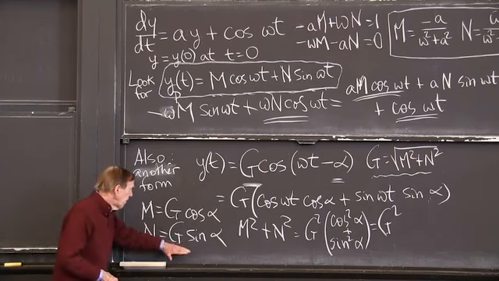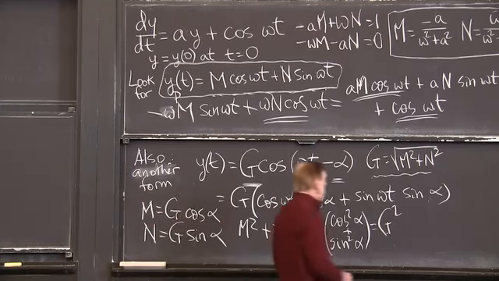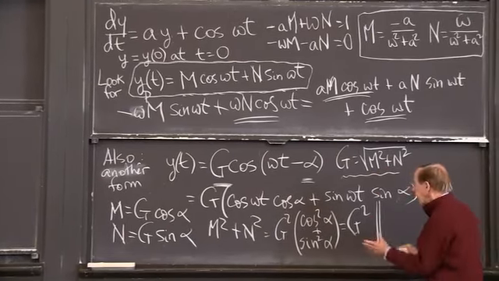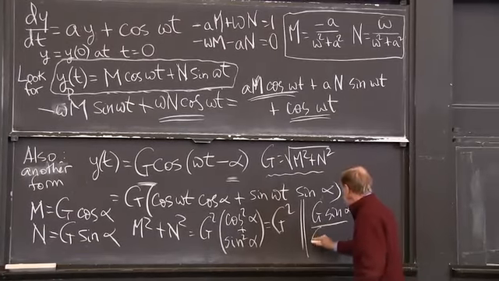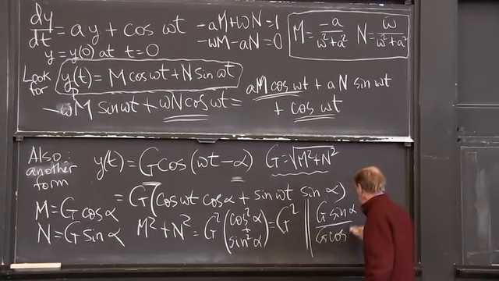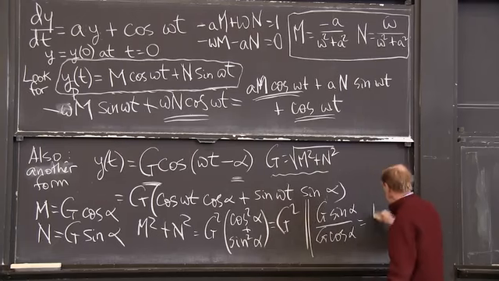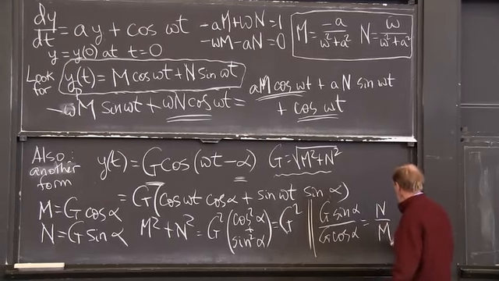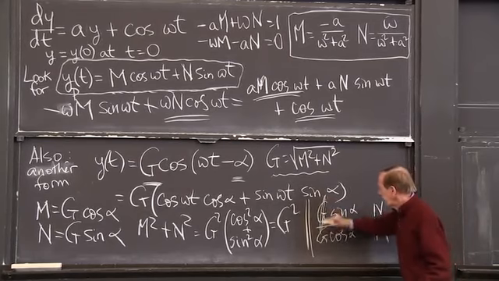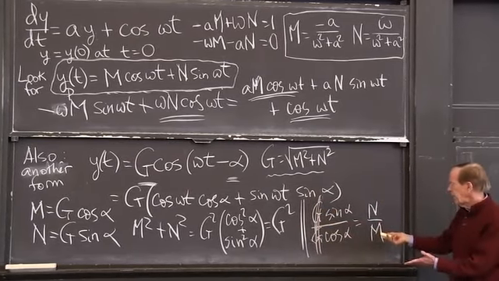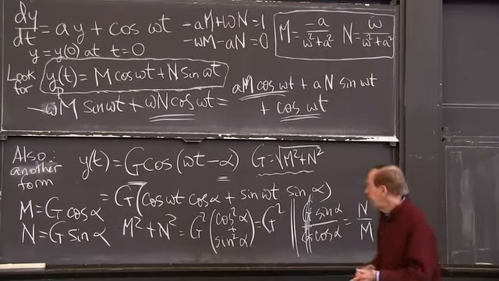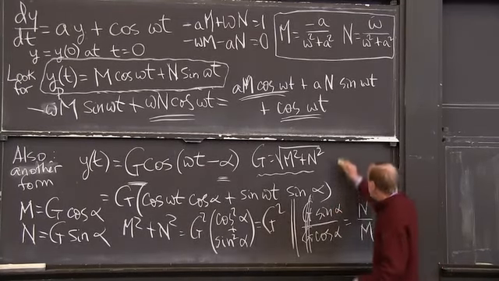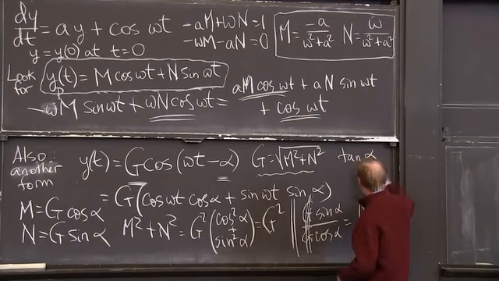So g sine alpha divided by g cos alpha is then n over m, right? And the g's cancel as I wanted. So now I have an equation for alpha, or more exactly, for tangent of alpha. Sine over cosine, tangent of alpha, is n over m.